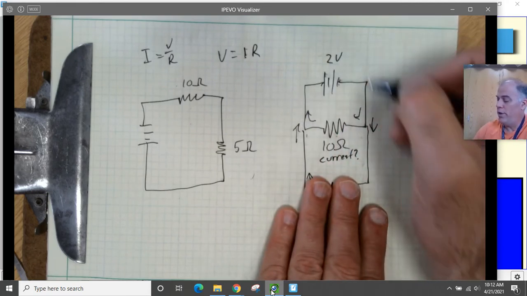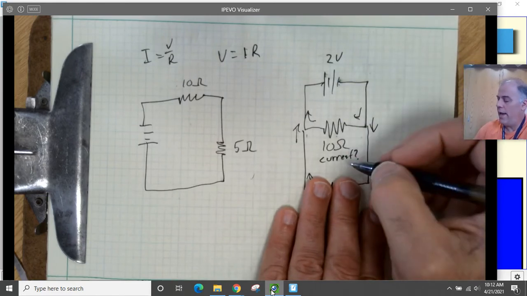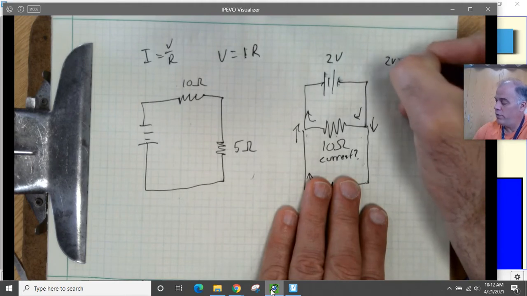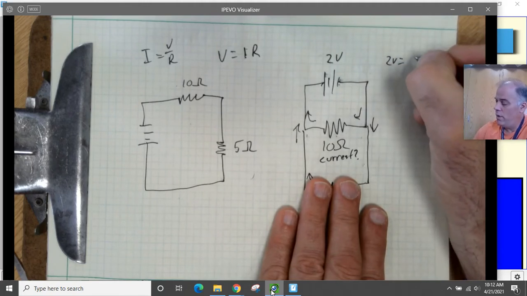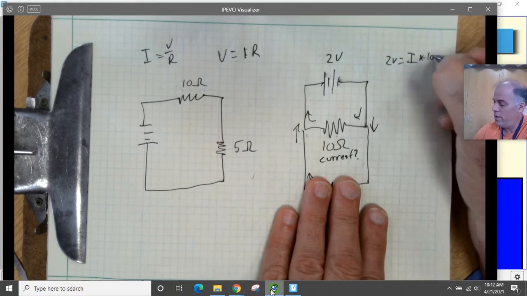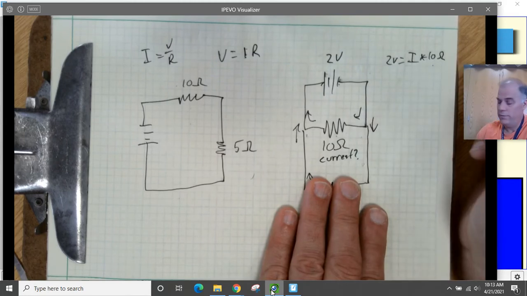Well, we know the voltage that's across this resistor because it's the only thing there. And we know the resistance. So we can say 2 volts is equal to the current, that's what we're trying to find, times 10 ohms. V equals IR.